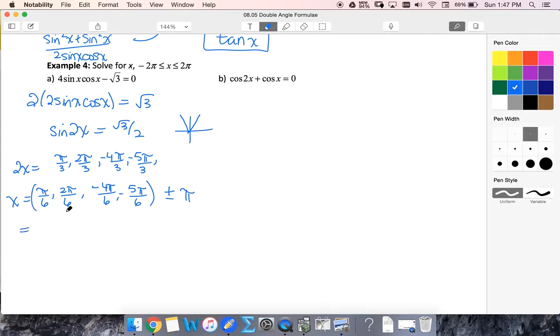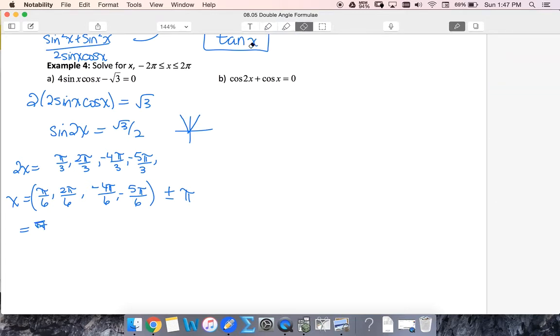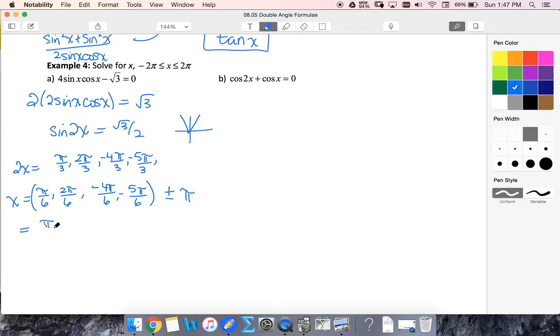So pi over 6 plus pi is 7 pi over 6. So let's list all of our answers. So we've got pi over 6, 7 pi over 6. This is pi over 3. If we add a pi, we get 4 pi over 3.